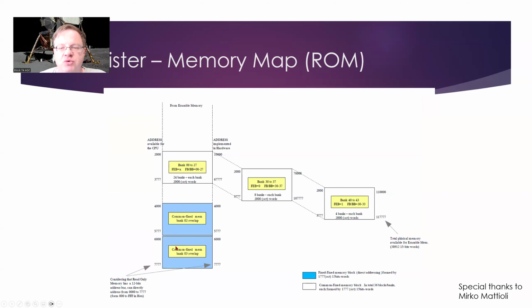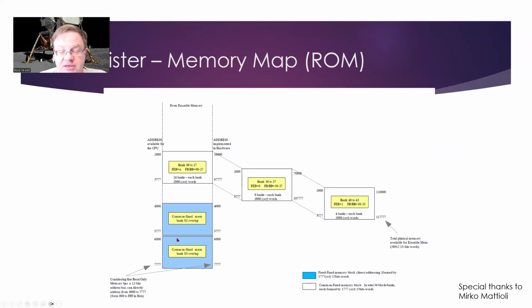Here's a visual layout of how that looks. This is sort of the opposite of the erasable memory, in that the common fixed memory is stored in the higher areas of the address space, from 4000 to 7777.